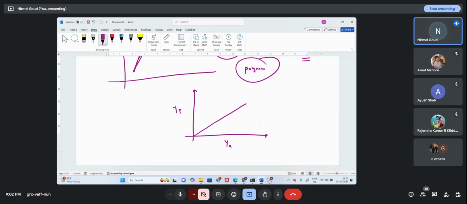You may get a value like here, you may get a value like here, you may get a value like here. So these are errors. E1, E2, E3, these are the errors.